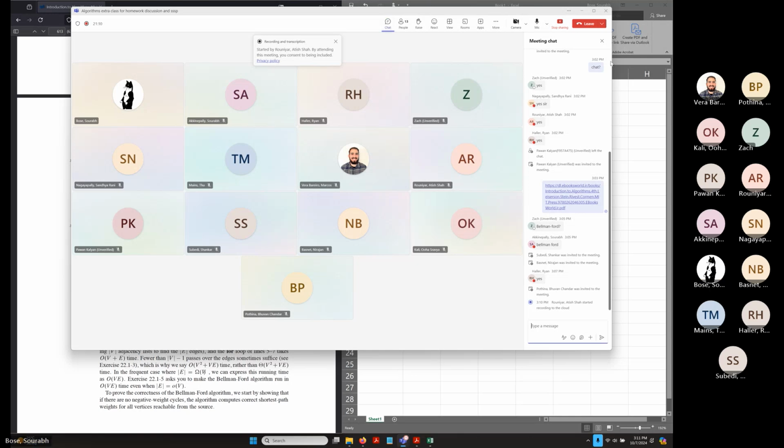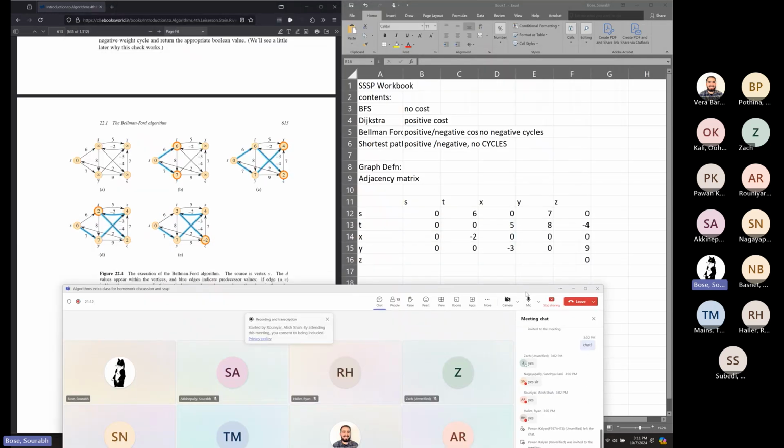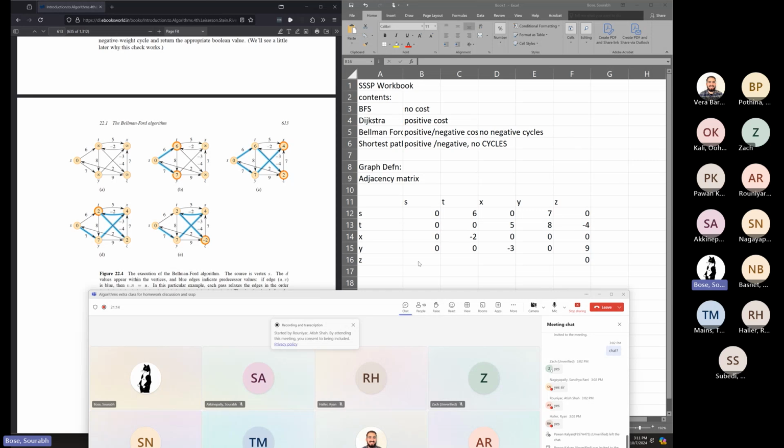Okay. So can you guys please type in the last row for Z, S T X Y Z, the last row for this adjacency matrix in the chat window?